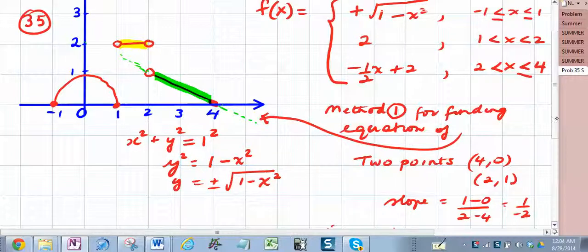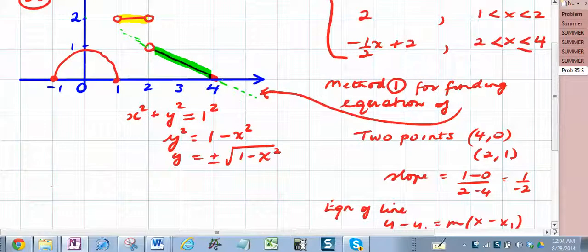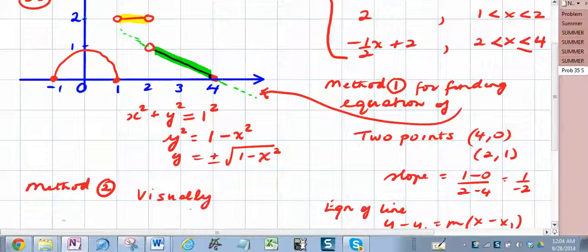Let's just look very quickly at another method, method 2, for finding the equation of the line, and that is using a visual inspection and using the slope, which is rise over run.